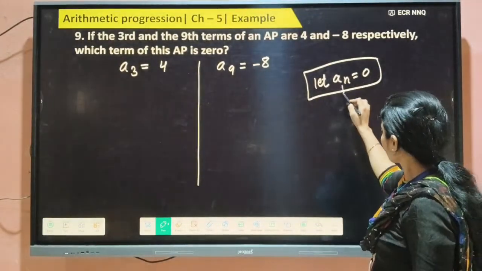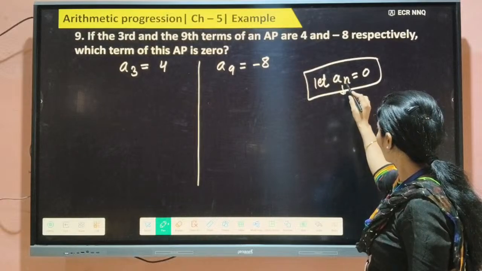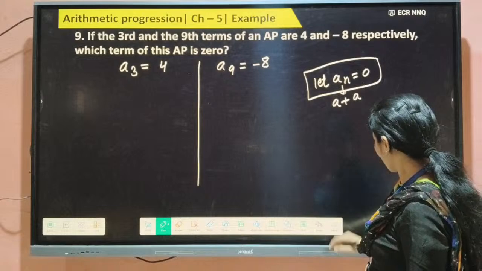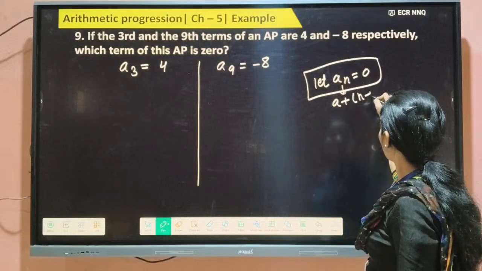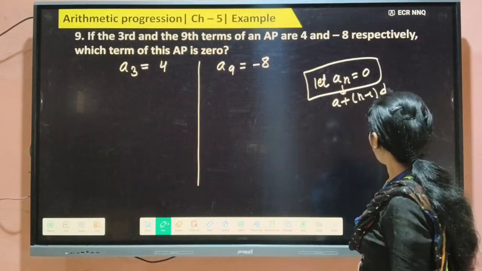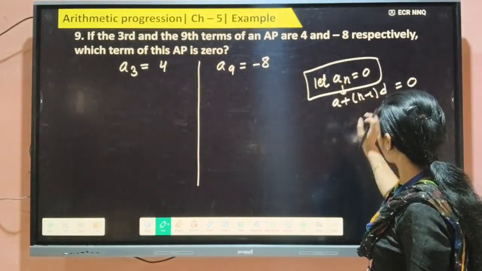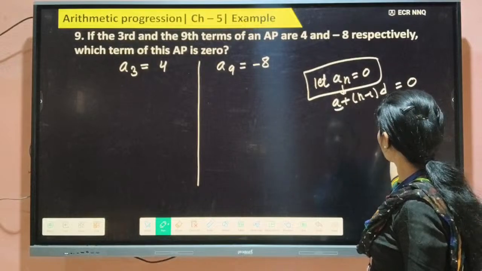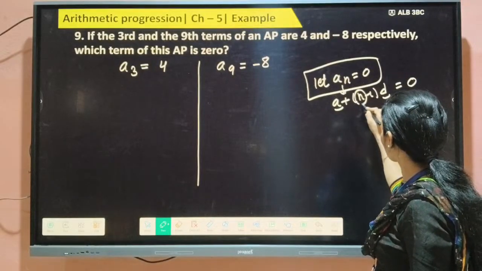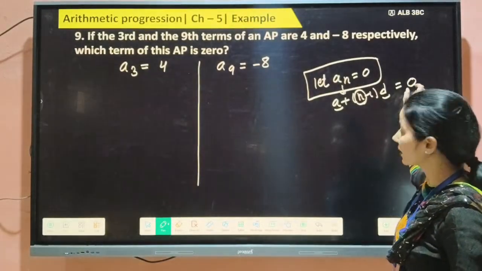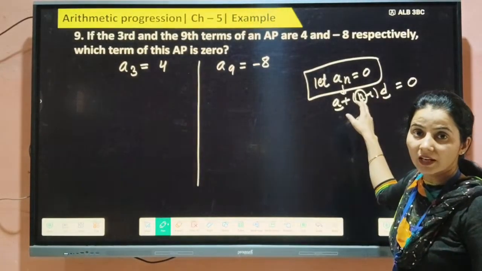For finding this n, we need to open this nth term: a plus n minus 1 into d, and this will be equals to 0. In this, I need a and d, so that I can find that n value.